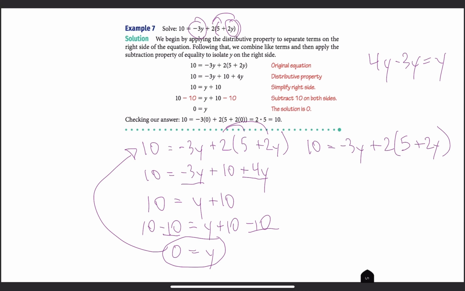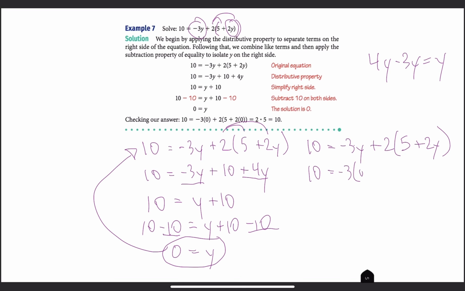So what I'll do is I'll go in and replace everything that is a y variable with the value 0. And in this case, because there are coefficients, values multiplying in front of my variable, I do need parentheses to show that that multiplication is happening once I turn the y, the variable, into a number, a constant. So let's have a look here. 10 equals -3.